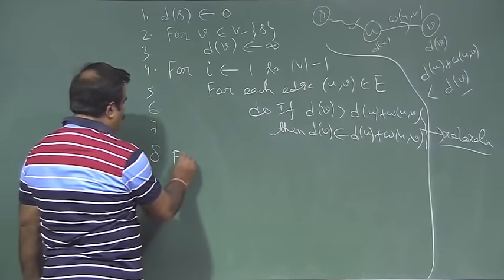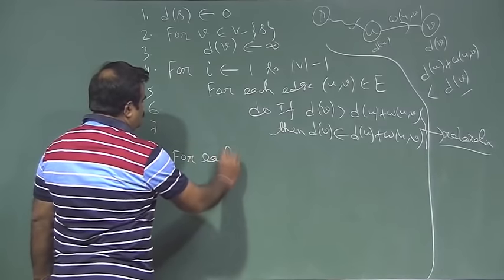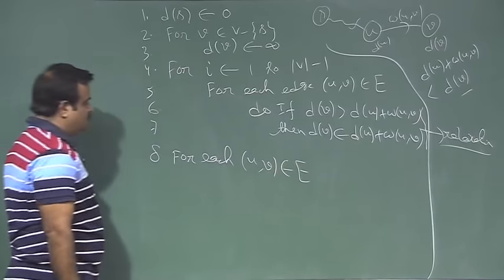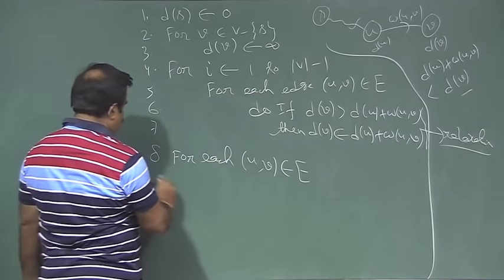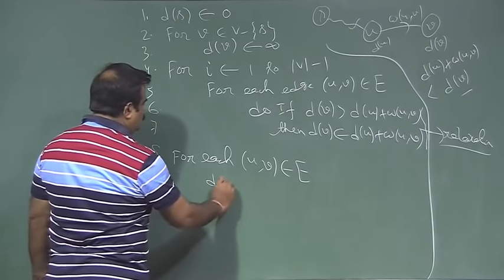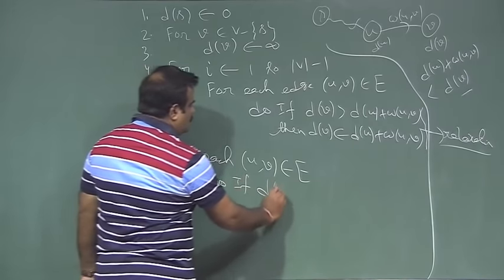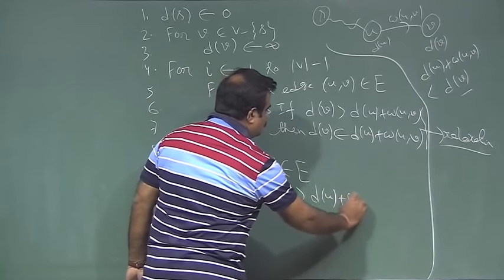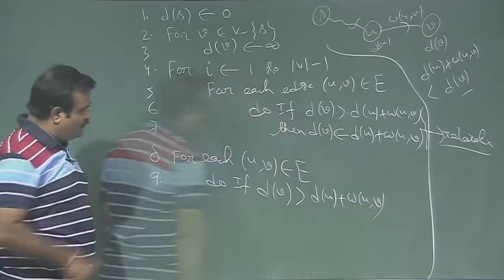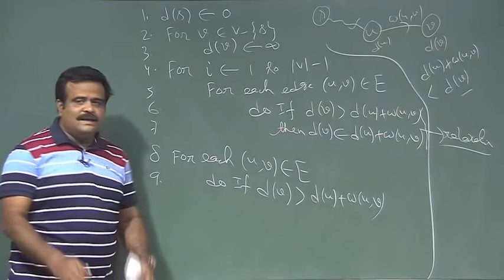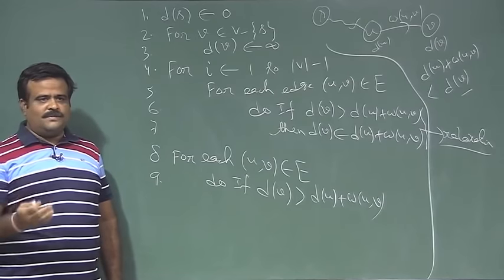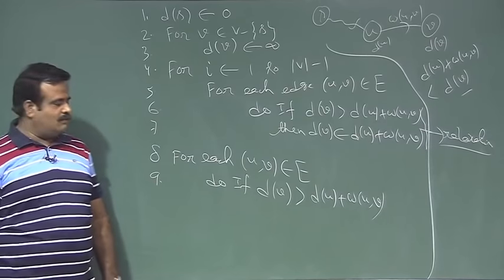So this is the final loop: for each UV belongs to E, we do this final check. If V could be further relaxed, then there is a problem, which means a negative cycle exists in the path.